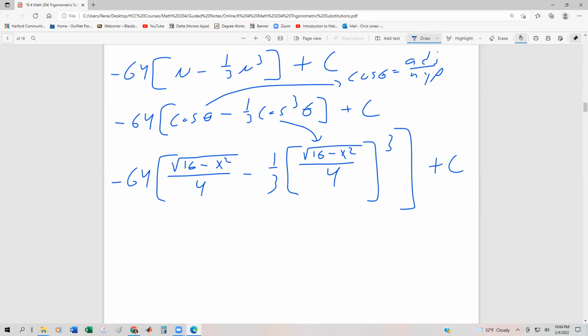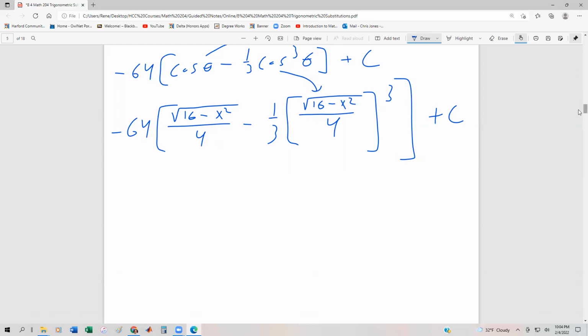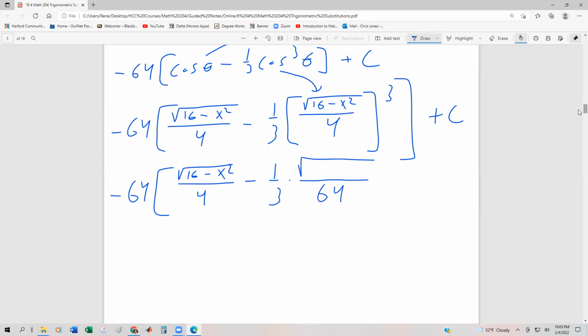Now, we could certainly simplify this just a little bit. Here's how we might try to simplify it. We can keep our negative 64 on the outside. We can't do anything yet until we distribute that 64. Now we know that 4 cubed is 64, and I'm just going to rewrite this as the square root of 16 minus x squared, cubed, plus c.